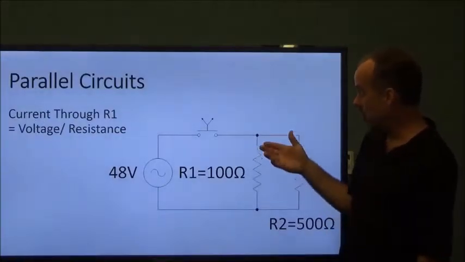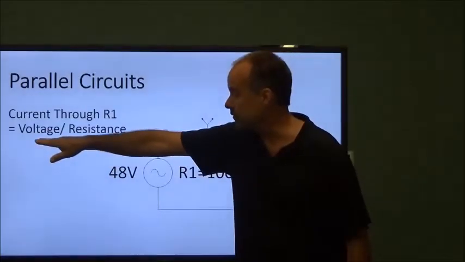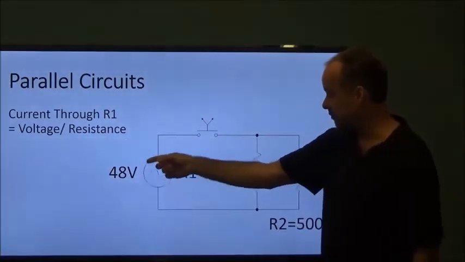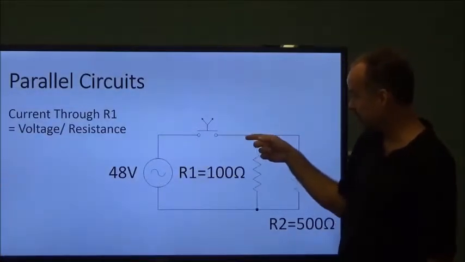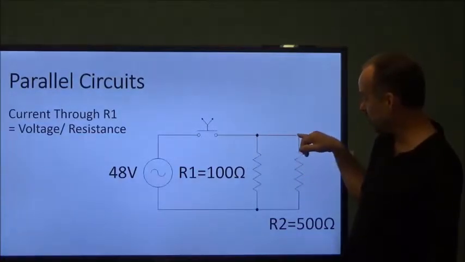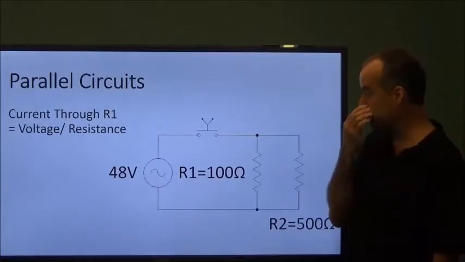So to calculate the current through R1, we'll go back and use Ohm's law. We'll take the voltage divided by the resistance. So the voltage, if you follow this through here, there's nothing here to drop the voltage. So I've got 48 volts here and 48 volts here across both resistors in the network.